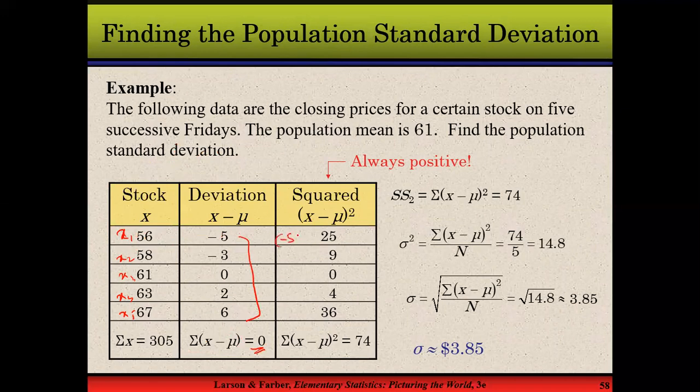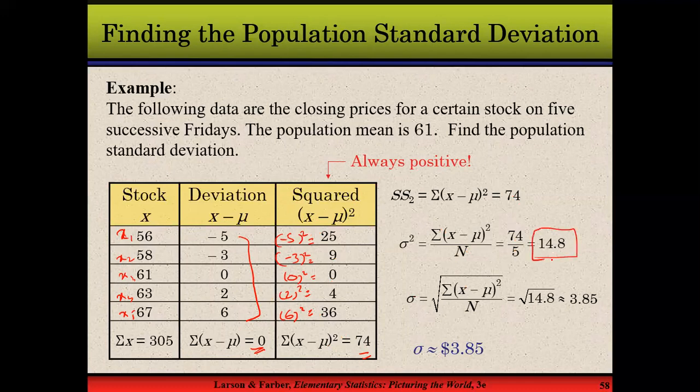So -5 squared is equal to 25, -3 squared is equal to 9, 0 squared is equal to 0, 2 squared is equal to 4, 6 squared is equal to 36. And when you sum them up, that is 74. And since this is a population parameter, we are dividing by capital N, that is 5, and we have a variance of 14.8.